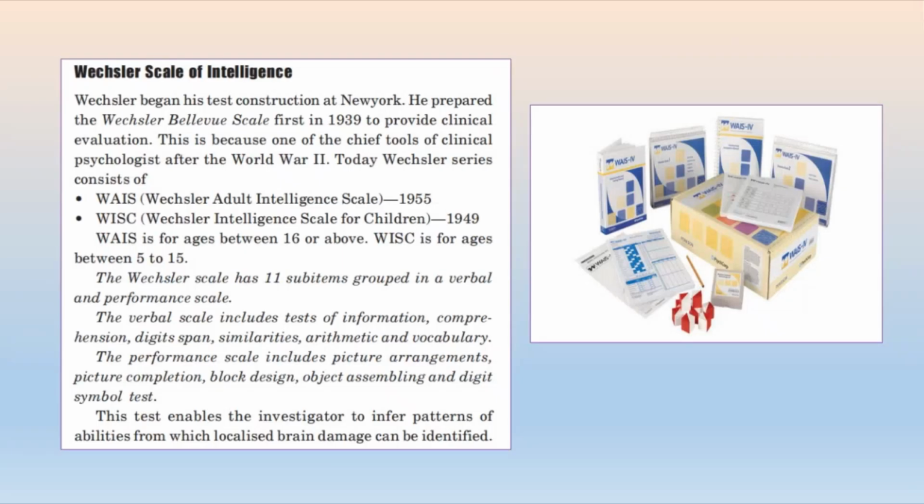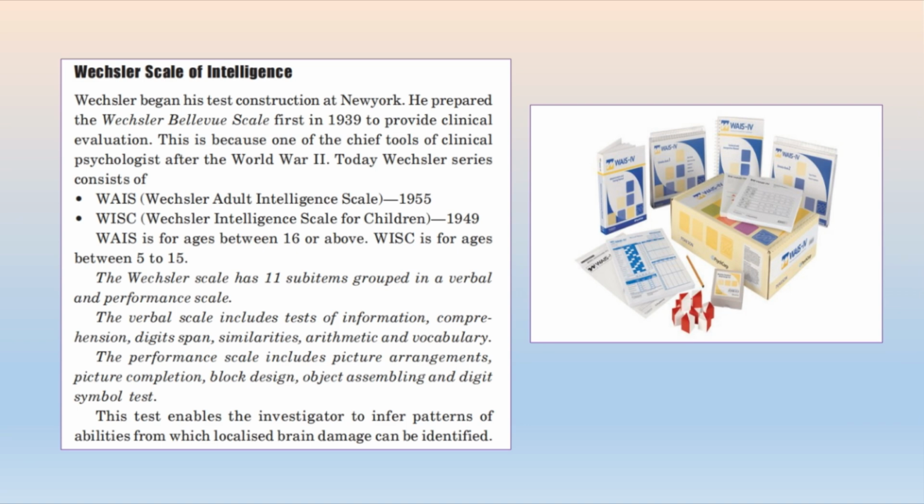The Wechsler scale of intelligence was developed by David Wechsler in New York, with the first version, the Wechsler-Bellevue scale, introduced in 1939. It became a major tool for clinical psychologists after World War II. Two main versions followed: the WAIS, Wechsler Adult Intelligence Scale, for ages 16 and above, and the WISC, Wechsler Intelligence Scale for Children, for ages 5 to 15.